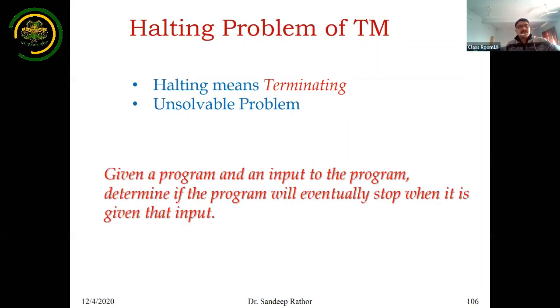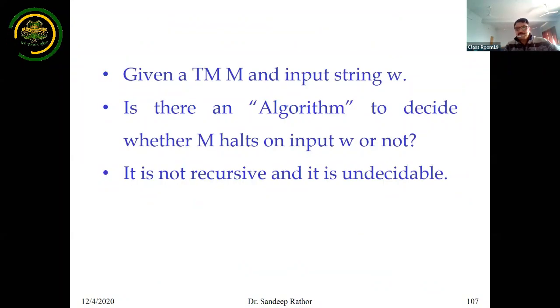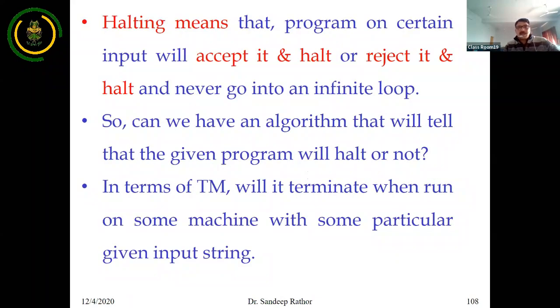And halting means terminating. The descriptive meaning of halting is that a program on certain input will accept any string, or reject it, but the machine should halt and never reach an infinite loop. This is the simple statement used for halting.